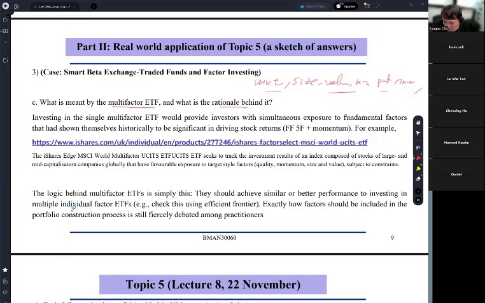There could be a volatility-induced ETF, or dividend yield-induced ETF, whatever. There could be other factor ETFs too. Now, you can decide by yourself, you want to put 10% here, 20% here, 30% here. You can determine this portfolio weight by yourself, following your preference, right?